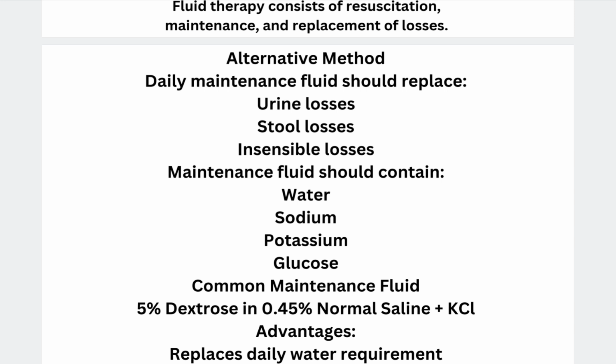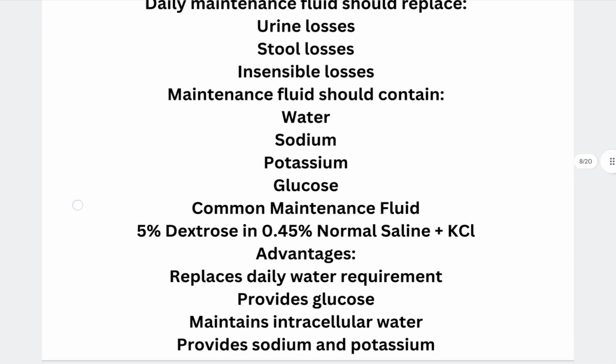There are many fluids available in the market, but whatever fluid we use should contain water, sodium, potassium, and glucose. It should not be only plain water. Considering all these aspects, the ideal fluid is 5% dextrose in 0.45% normal saline, plus or minus KCl.